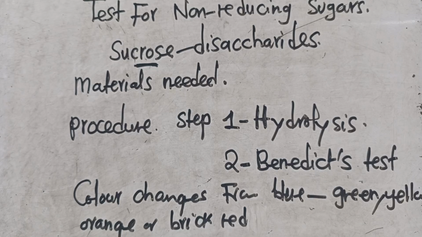But originally, from non-reducing sugars, I don't know if you've gotten the point. When that changes, you discover that there is some presence of reducing sugars. But if the solution remains blue, it means non-reducing sugars are absent.